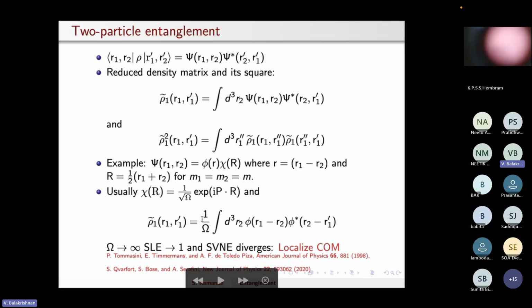And when you take the limit omega going to infinity, which is done very quickly when we are dealing with just the eigenvalue equation for the hydrogen atom, we don't even think of the center of mass. But one has to worry about this, and in fact one has to localize the center of mass in order to demonstrate this without being bogged down by these higher dimensional integrations.